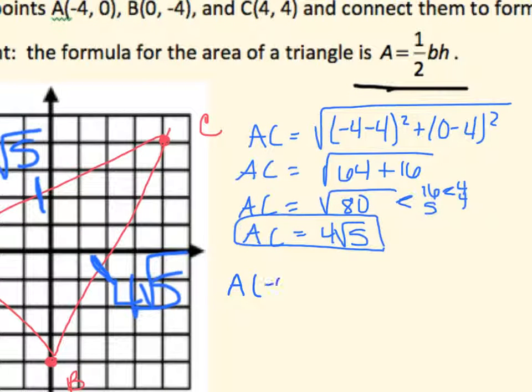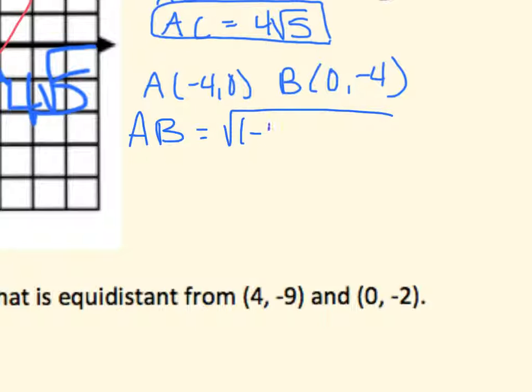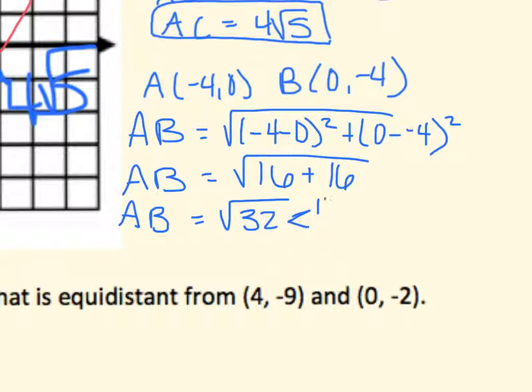Now let's go ahead and find AB and see what happens from there. If A is at (-4, 0), and B is at (0, -4), -4 squared is 16, and then 4 squared is 16, so AB will equal the square root of 32, which can be broken down into 16 and 2, and 4 and 4.